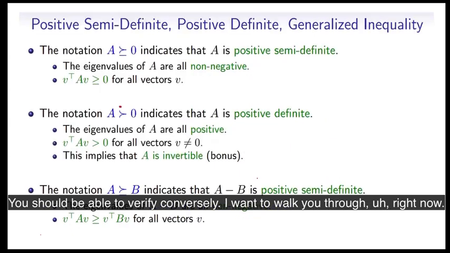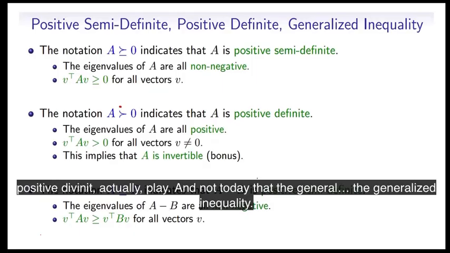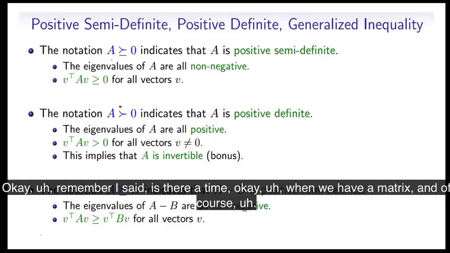I want to walk you through right now the role the positive semi-definite and the positive definite actually play, and not only that, the generalized inequality. Remember I said this the other time.